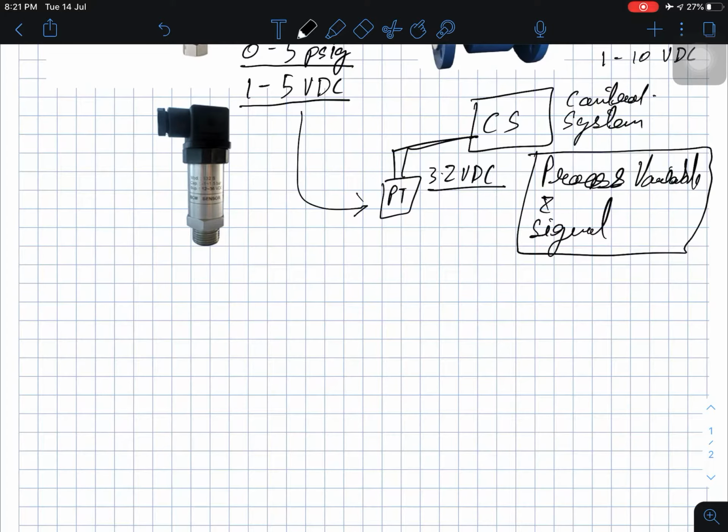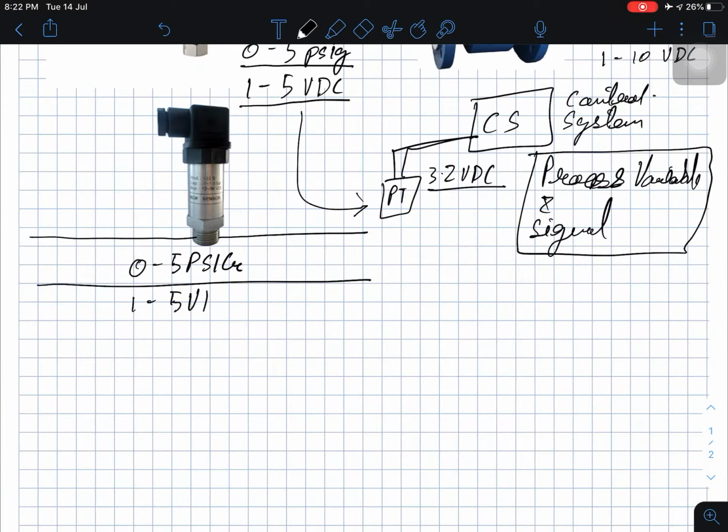Let us assume that this pressure transmitter is connected to a pipe here, and in this pipe the pressure varies from 0 to 5 psig, and this pressure transmitter is rated for 1 to 5 volts DC.